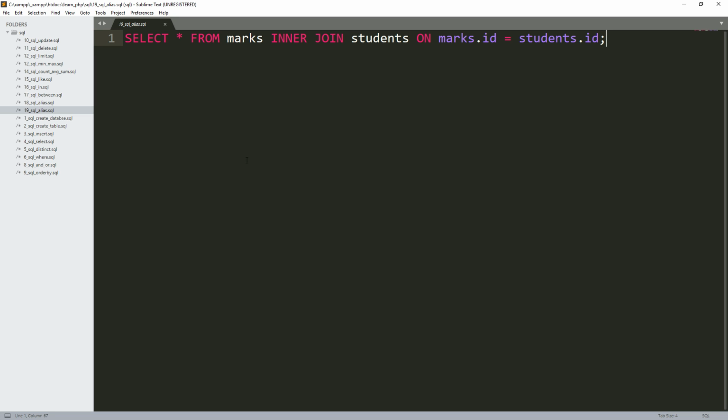A student must have an ID that we will use to uniquely identify this student from the table of students. We normally call that a primary key. A primary key is a value, a property that we can use to uniquely identify an element or a row in a table.